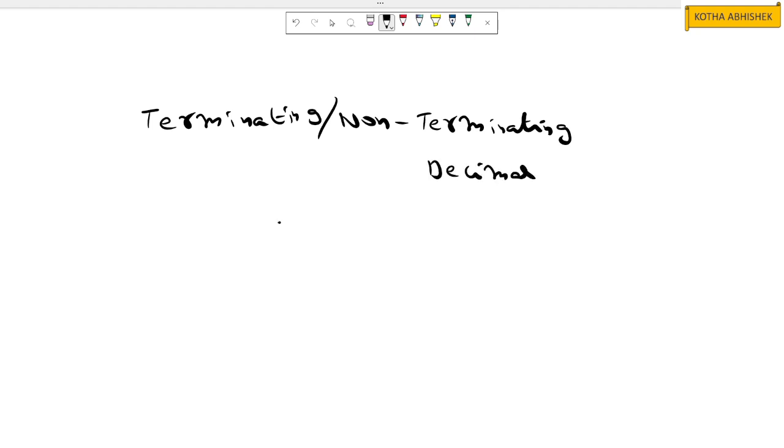In the denominator, after prime factorization, if number 2 is there, or number 5 is there, or both 2 and 5 are there with any power, then it will have a terminating decimal, otherwise a non-terminating recurring decimal.